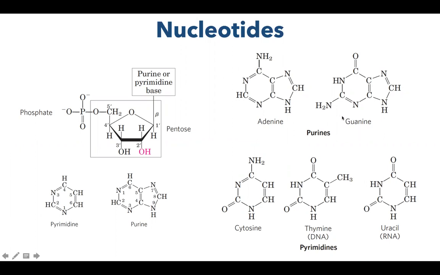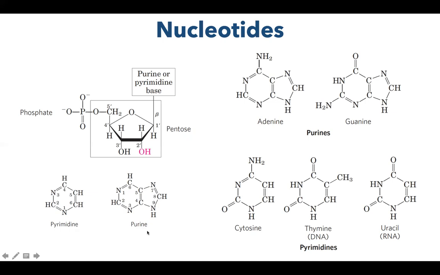These compounds are classified into 2 major groups based on the parent structure. So we have the pyrimidine, which is the one containing 1 ring, and we have the purine, a compound containing 2 fused rings. So remember, if it's pyrimidine, the one with the longer name, it only has 1 ring.